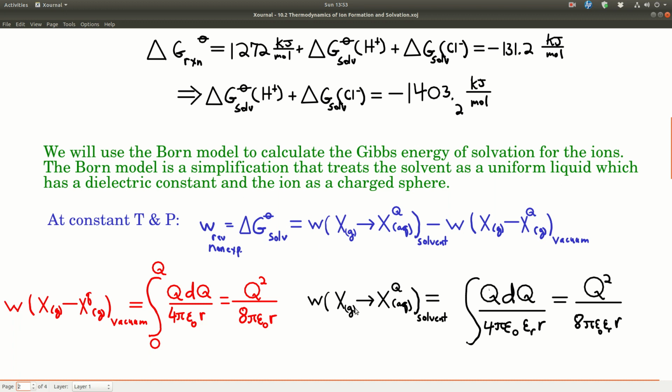The work going from the gaseous ion to the solvated ion is the same thing, only the difference is that we're integrating over 4 pi epsilon naught, still the permittivity of free space, times epsilon r, which is the dielectric constant of that solvent. And r is still the radius of the charged sphere. And so we get q squared over 8 pi epsilon naught epsilon r times r. That's the difference right there. But it's significant.